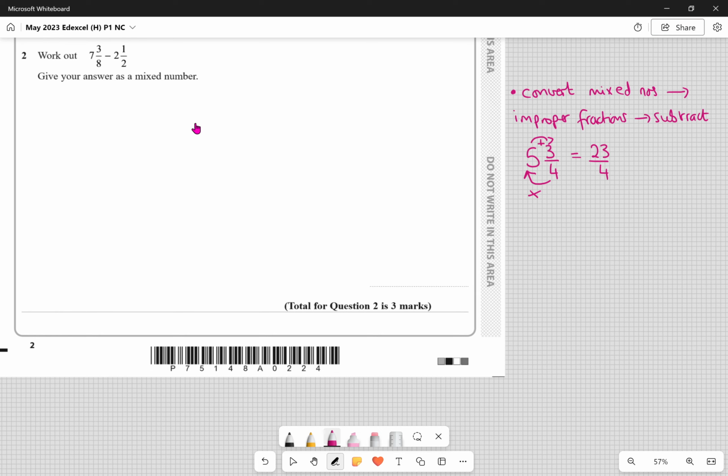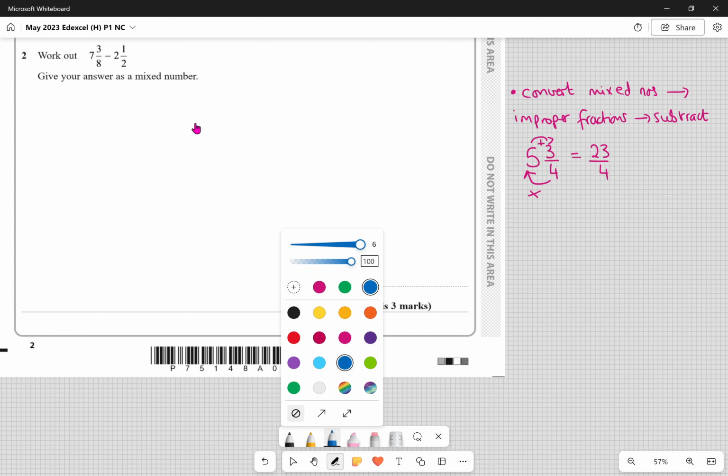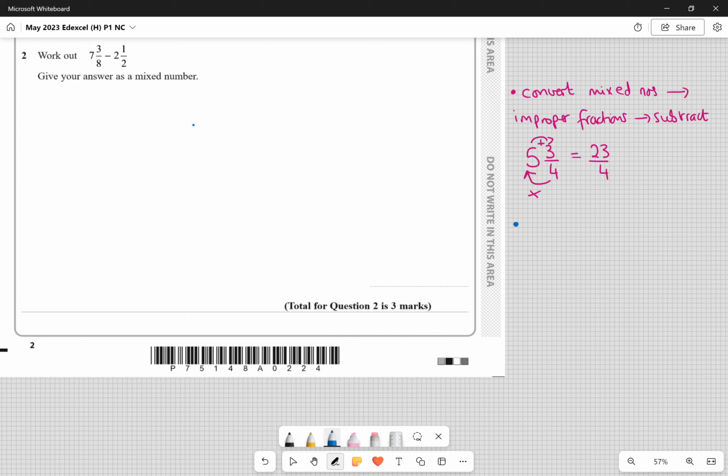The second method that I'm going to show you requires a couple more stages, but you may prefer it. The danger when you are subtracting mixed numbers is that the first fraction part will be smaller than the second fraction part.